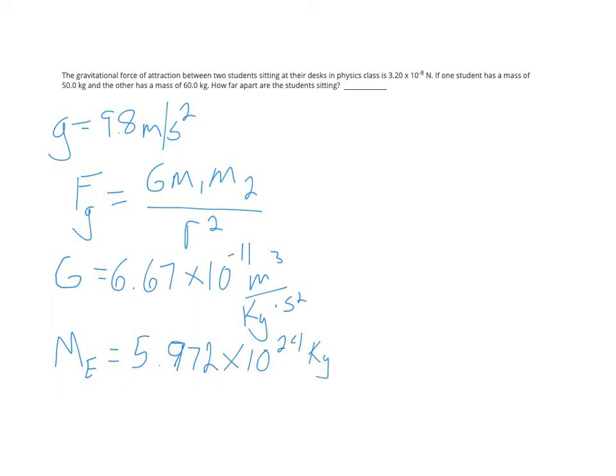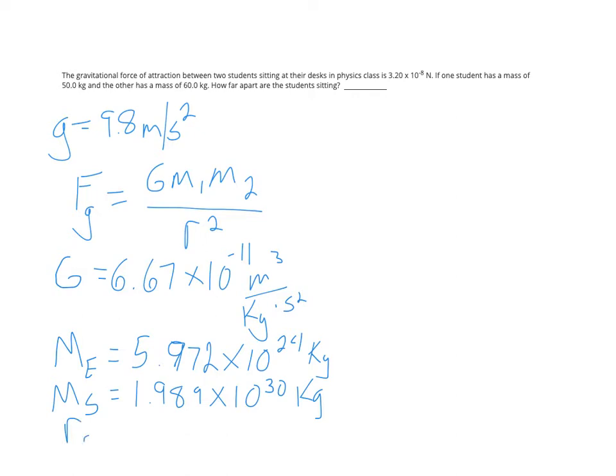And then the mass of the sun, if we're talking about planets orbiting the sun, we need to know its mass, which is 1.989 times 10 to the 30th kilograms. And then a lot of times we're looking at the radius of the Earth, for things that are resting on the Earth.